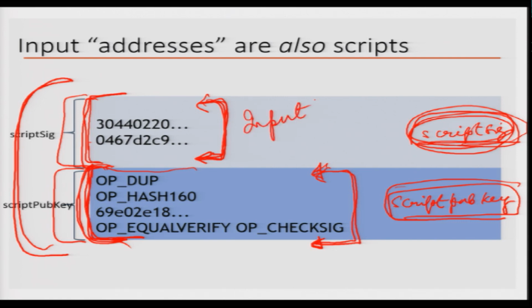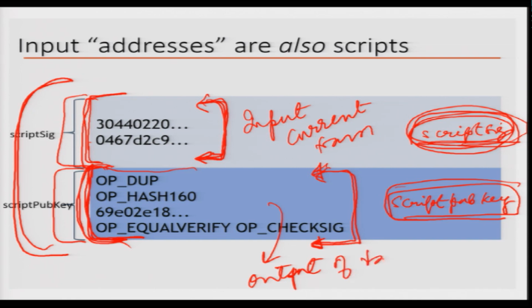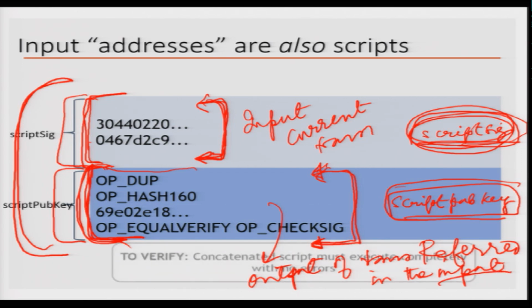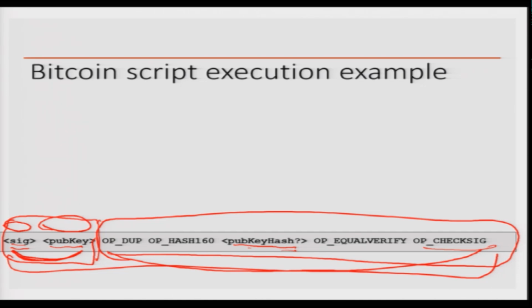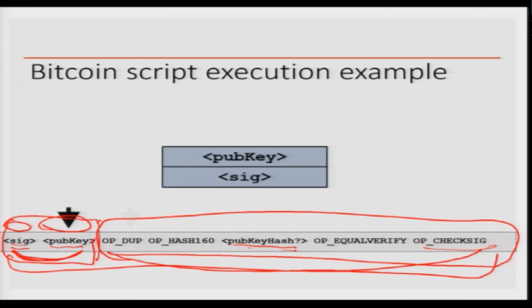It is the input part of the current transaction, and this part is from the output of the transaction referred to in the input. That is very important, otherwise you will be confused when you try to understand this part. Okay. So, this is how the execution happens.